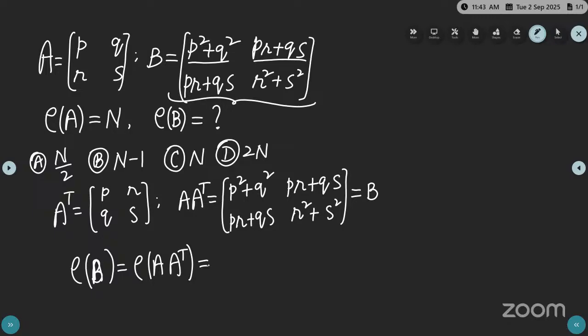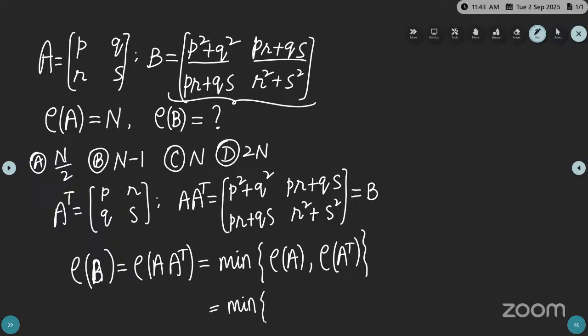Already you have just now written what the rank of AB is. It is the minimum of rank of A comma rank of A transpose. So the minimum of, what is the rank of A? N comma N. The answer is N.